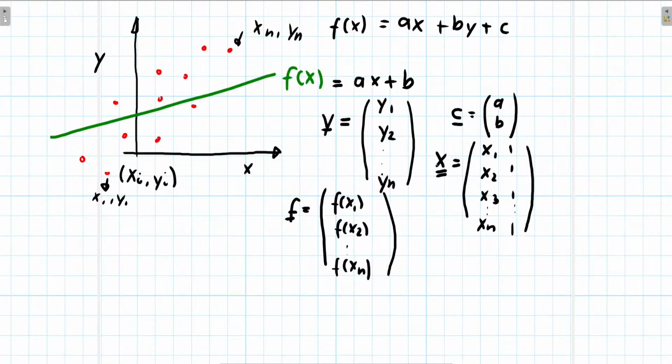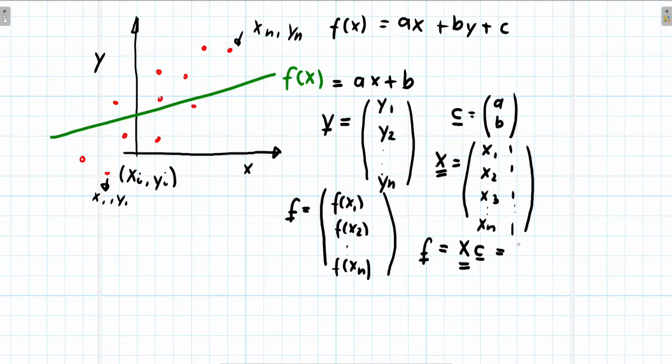So why is this helpful? The reason this is helpful is because if you write our equations in this way, then we can write our vector f that contains basically the function values for all our points like this, as a matrix vector product between our matrix x and our coefficient vector c.